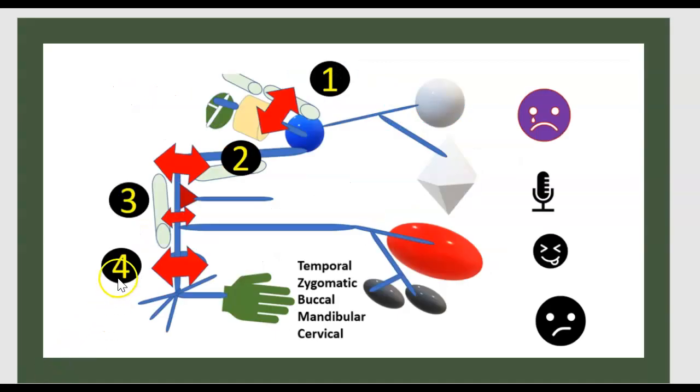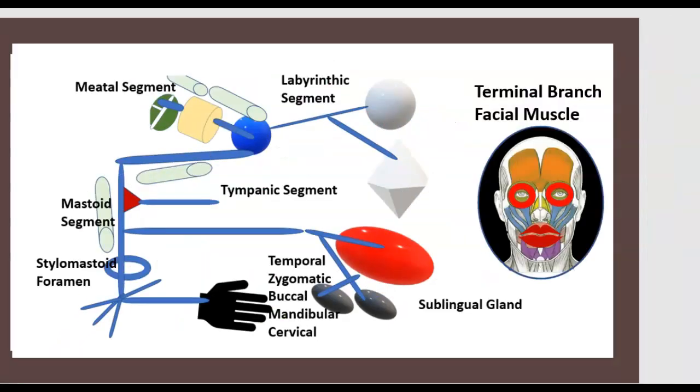The fourth level is before the stylomastoid foramen. The facial branchiomotor commands the muscles of facial expression. When there is a palsy, there is a deficit in expression of the facial muscles.